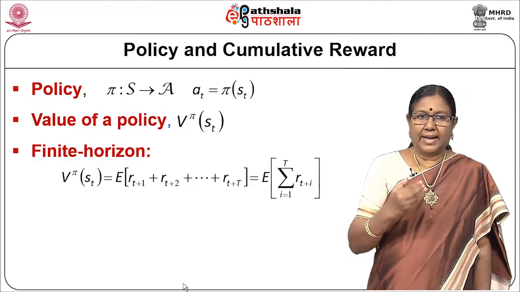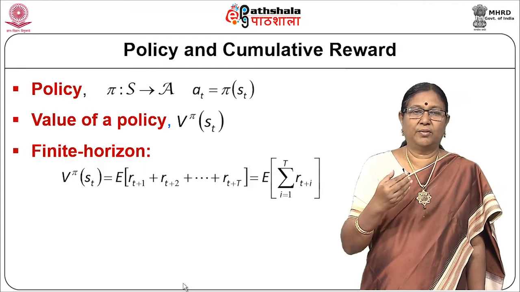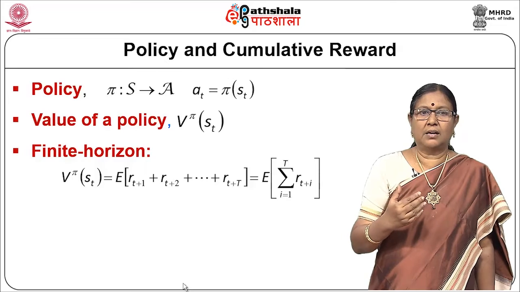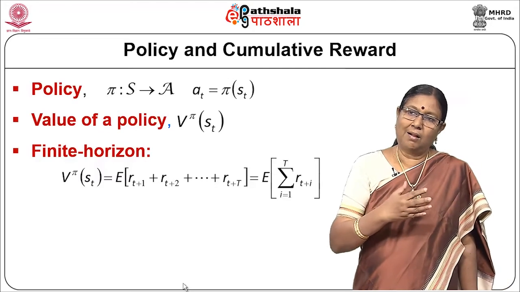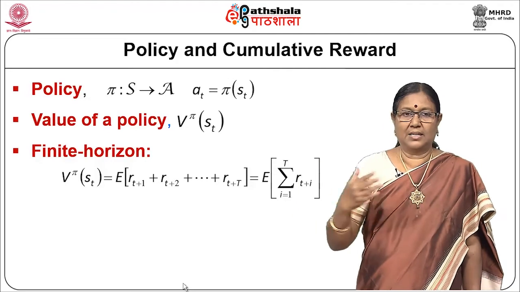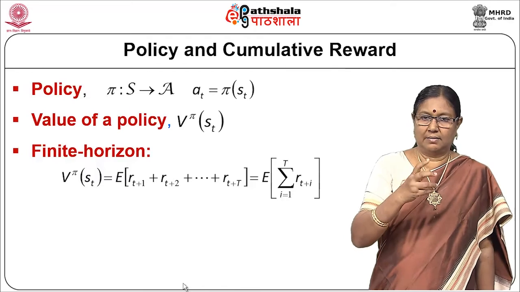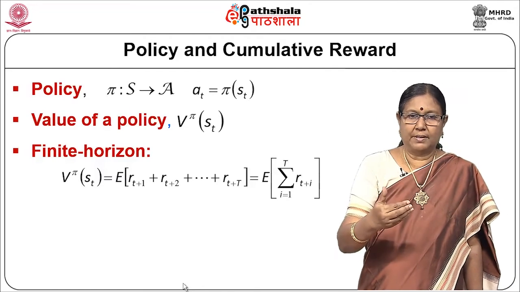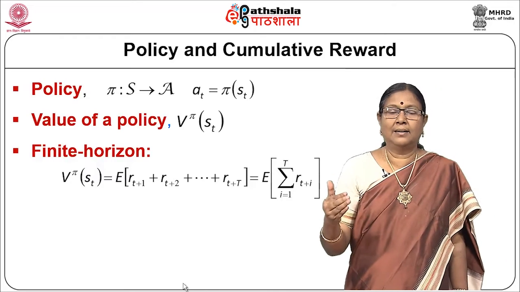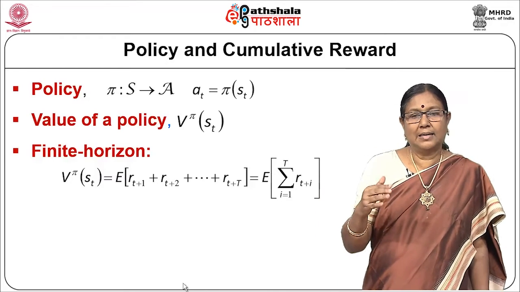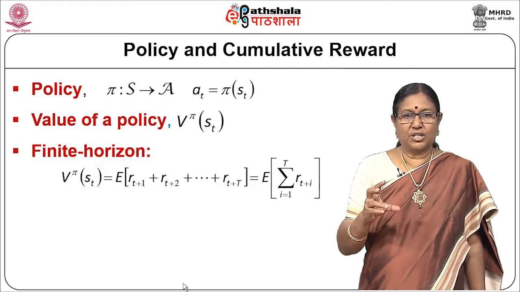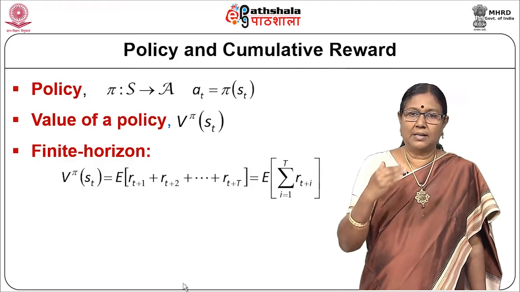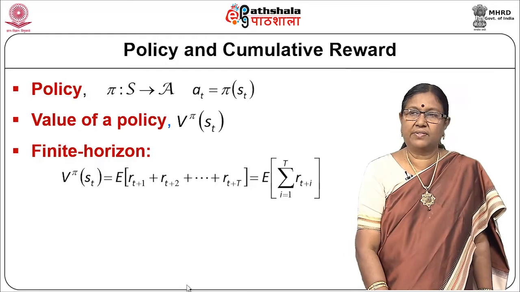The value of the policy of each state S at time t is nothing but the expected utility that you are expected to get for all the states that come in future, that is r t plus 1 is the reward at t plus 1 time slot, r t plus 2, and you reach the final state at the end, which is r t plus t. So, this is nothing but a summation of i equal to 1 to t of r t plus i. We have just touched upon this in the previous module also. So, this is with the finite horizon.